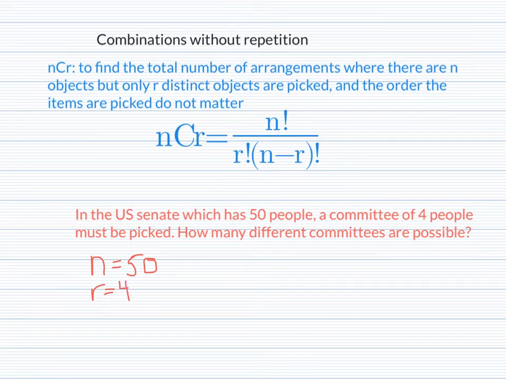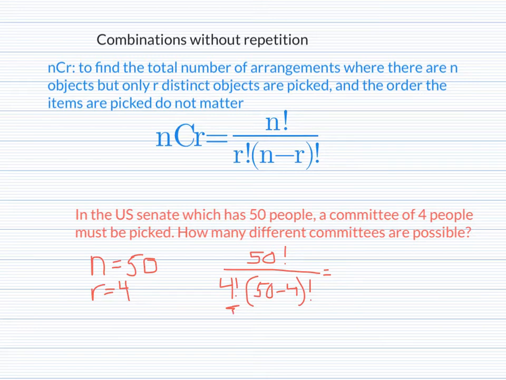So let's plug it into the combination formula, which would be 50 factorial divided by 4 factorial times 50 minus 4 factorial. This 4 factorial here really just divides out any of the repeated patterns. So it would divide out anything that was like 1, 2, 3, 4 and 1, 3, 2, 4. Those are considered the same in a combination. So the 4 factorial divides that out. So we go to calculate this.